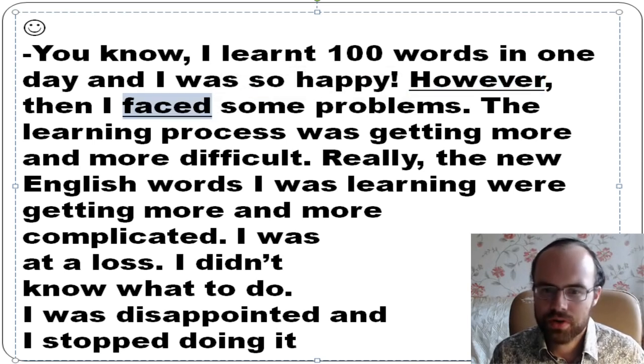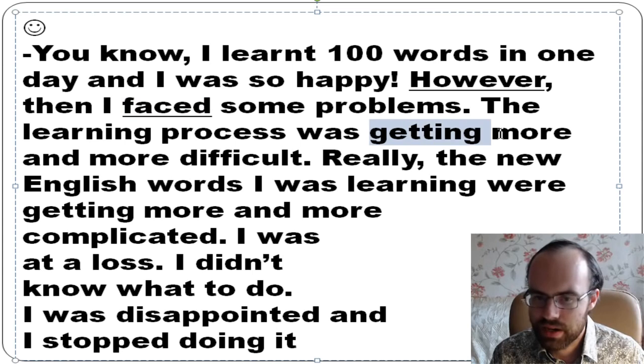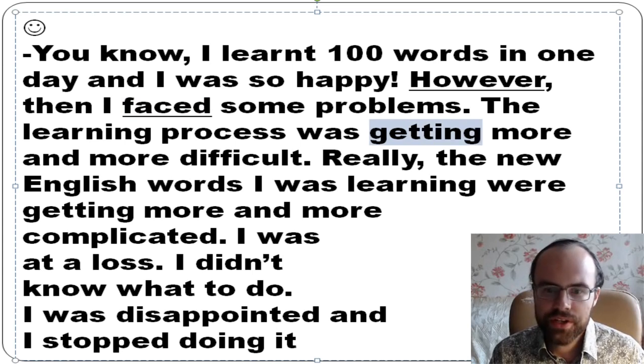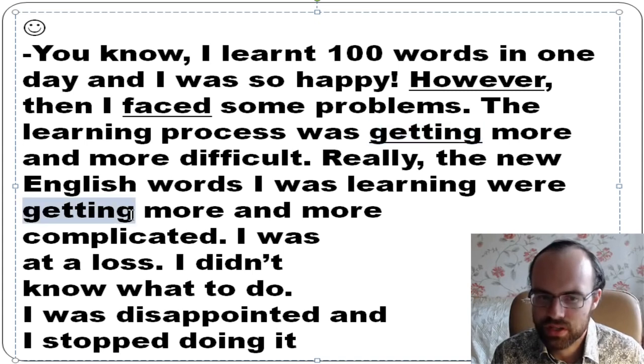The learning process was getting more and more difficult, or was becoming more and more difficult. The new English words which I was learning were getting more and more complicated.